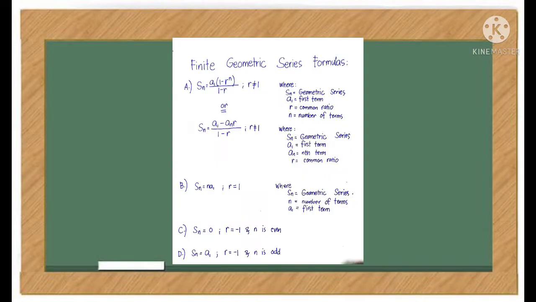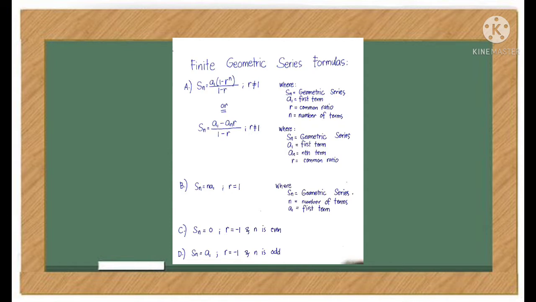And so to facilitate a faster and shorter computation in determining the finite geometric series, here are the formulas that we can use. Formula A, you have S sub n is equal to A sub 1 times the quantity of 1 minus r to the exponent of n over 1 minus r.